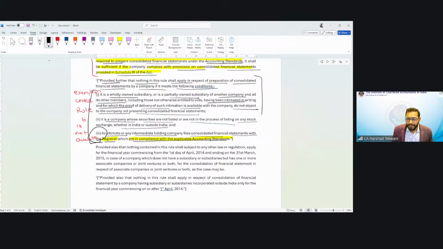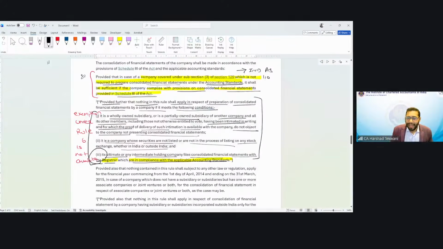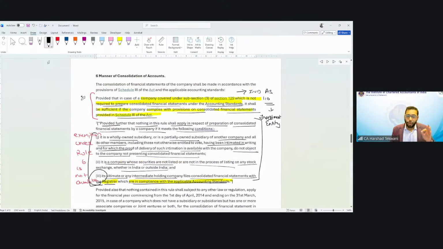I am getting exemption under Ind AS by way of this investment entity, which is defined in Ind AS 110. It's not defined under the Companies Act. It's not part of the Companies Act. That exemption is there under Ind AS 110.